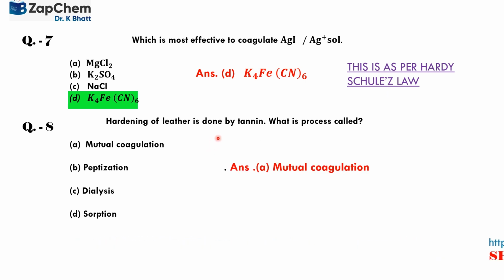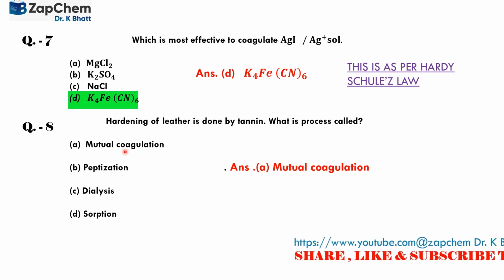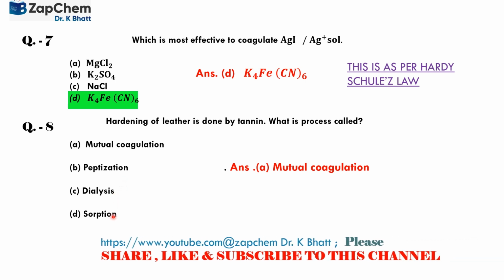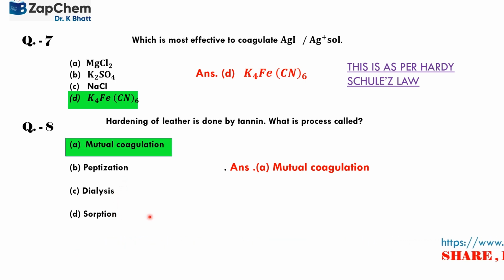Hardening of leather is done by tannin. This process is called mutual coagulation, peptization, dialysis, or sorption. The correct answer is mutual coagulation.